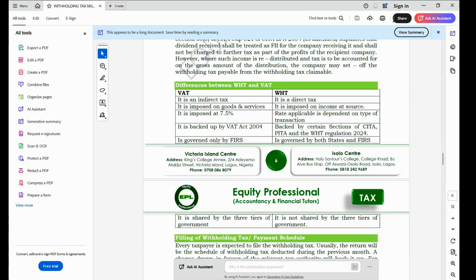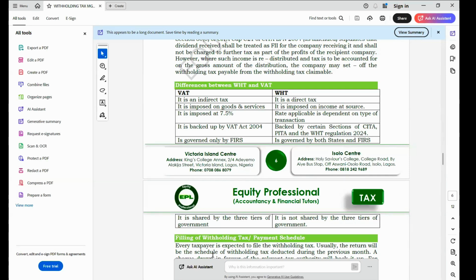So the next thing now is, as an agent, after you have deducted the withholding tax, assuming for instance I'm an agent for deduction of withholding tax, I have deducted it and I need to remit it to the relevant tax authority.